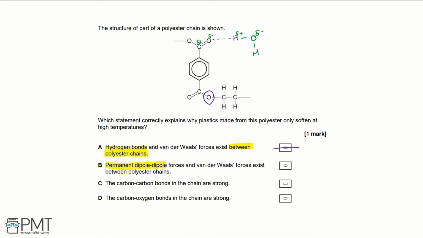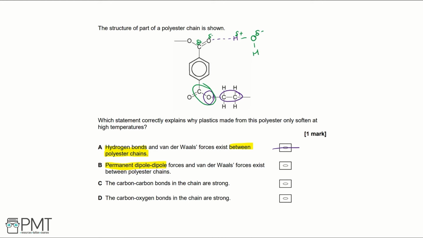Then if we move on to look at C and D, they're talking about the types of bonds. So the carbon-carbon bond, which is here, and then the carbon-oxygen bond, which is here. The carbon-oxygen bond can be very easily broken through hydrolysis.